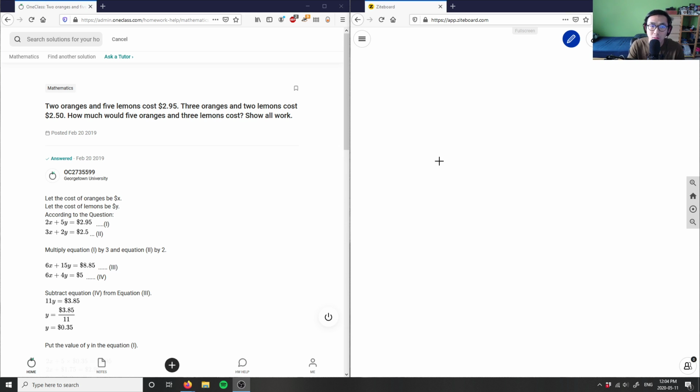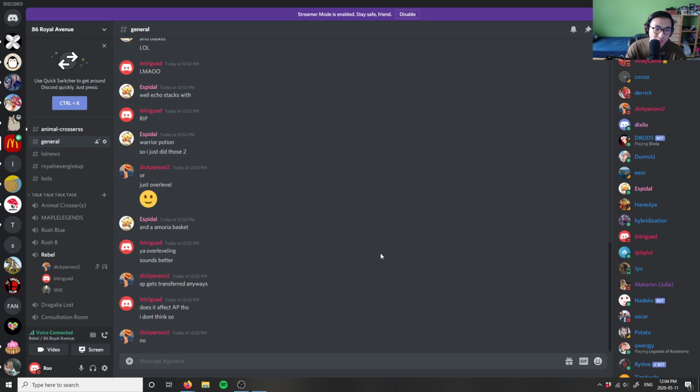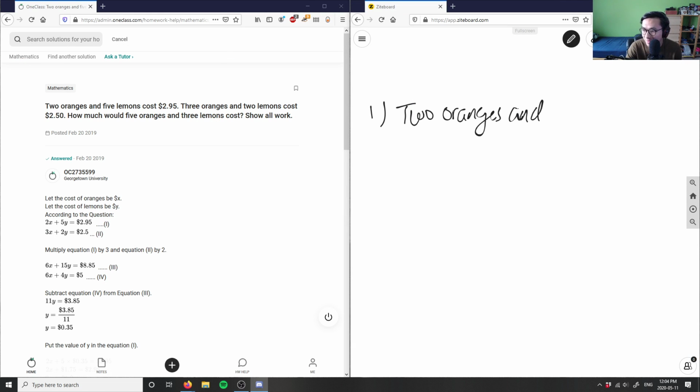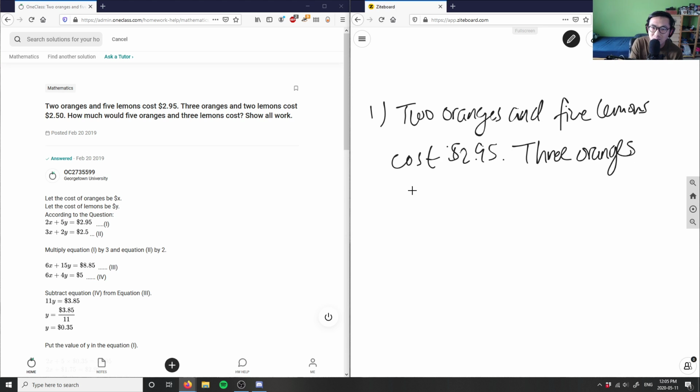Let me write this out. 2 oranges and 5 lemons cost $2.95, and 3 oranges and 2 lemons cost $2.50. How much would 5 oranges and 3 lemons cost?